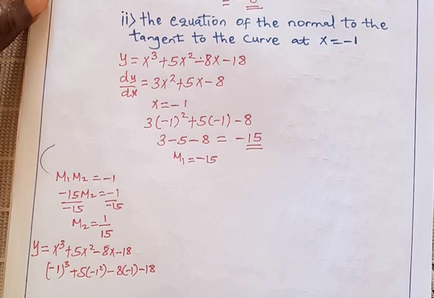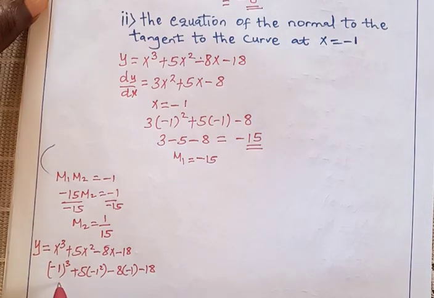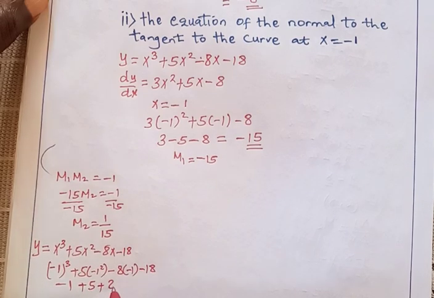If you put this in a calculator, I'm very sure that we are going to arrive at this: negative 1, and this is positive 5, and then we have positive 8, then negative 18.